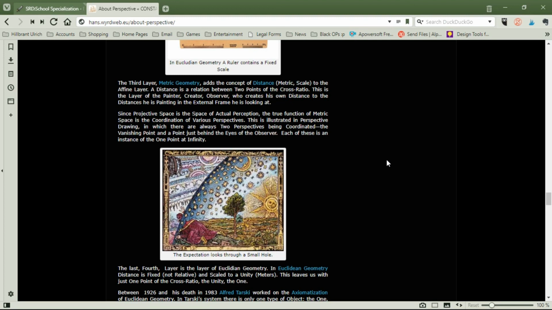This is illustrated in perspective drawing, in which there are always 2 perspectives being coordinated, the vanishing point and a point just behind the eyes of the observer. So in reality, you have these 2 perspective points that you individually are working with.